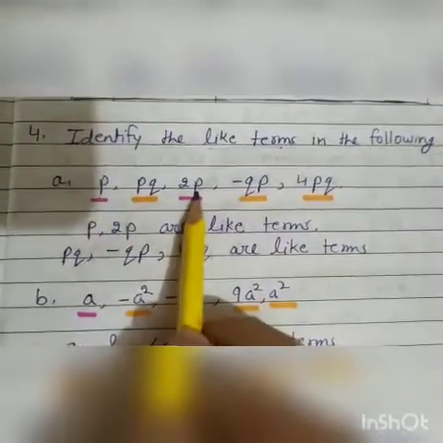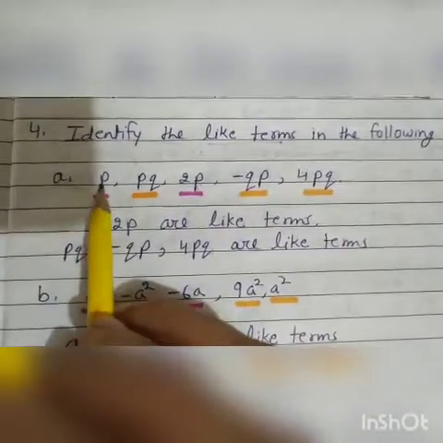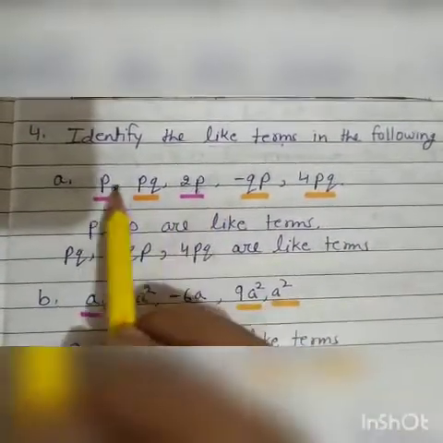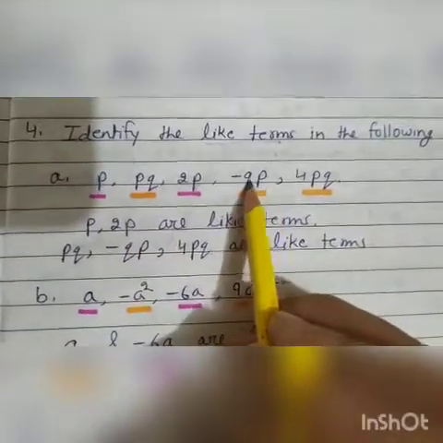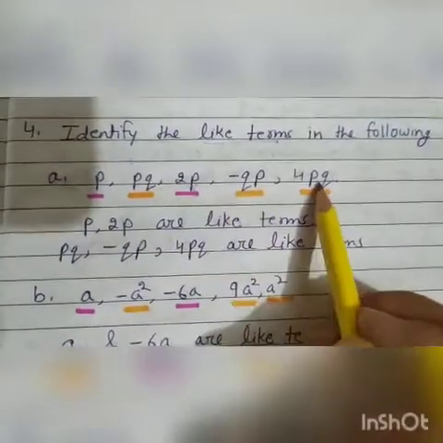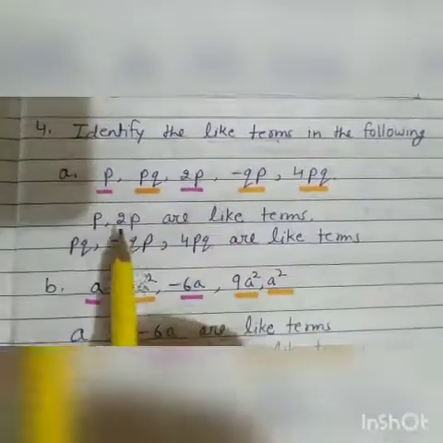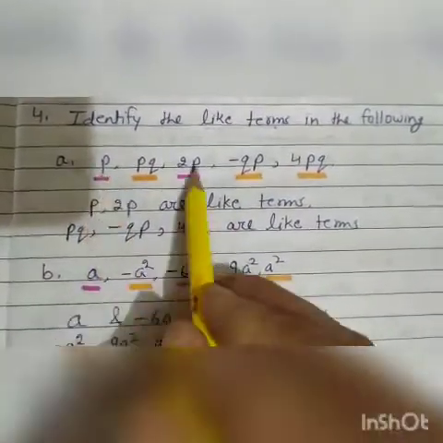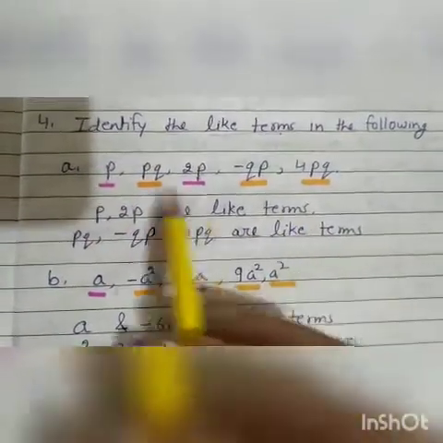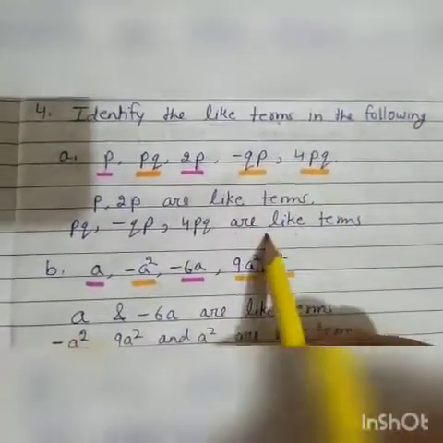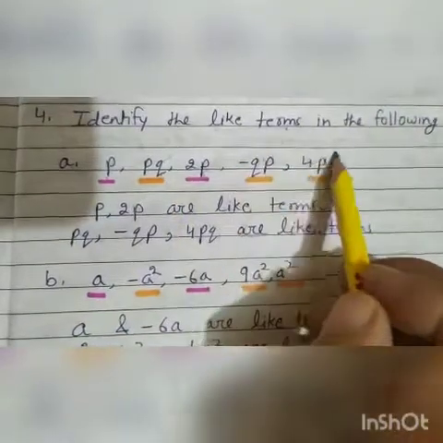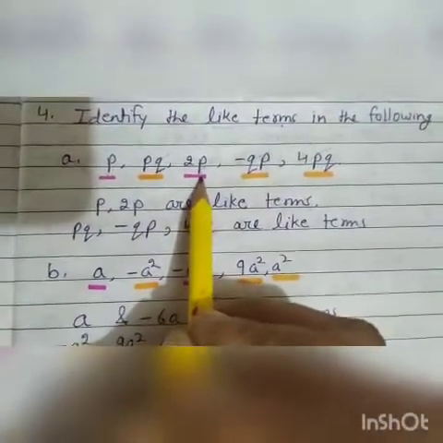Only these two terms are like terms because these two terms contain literal factor only P. In other terms, PQ, this is also considered as PQ, this is also PQ. So what will we write? P and 2P are like terms, while PQ, minus QP and 4PQ are like terms. These three are like terms and these two are like terms.